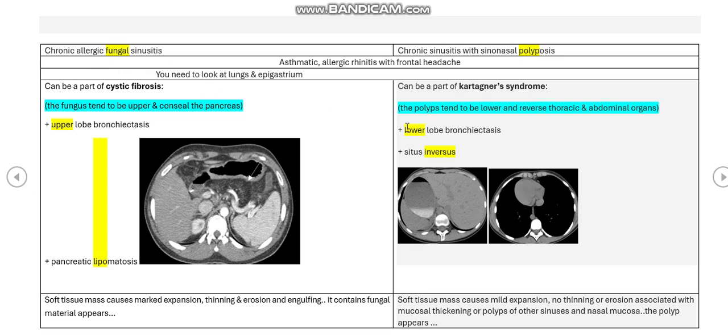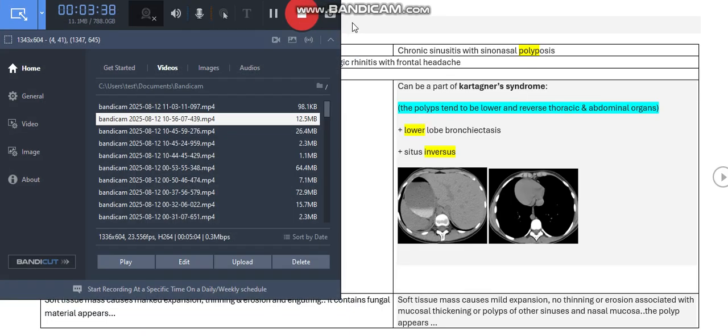First, look at the lung, lower lobe bronchiectasis, then the complete obliteration of the paranasal sinuses is mostly polyposis. And then if you look at the epigastric area, it's expected that you will see situs inversus, and all of these are Kartagener's syndrome. I think that's all.